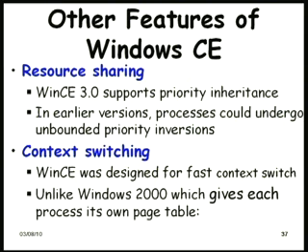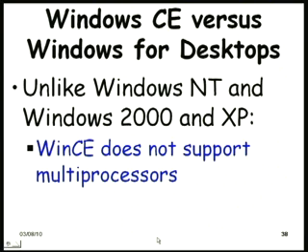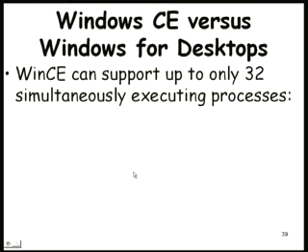Fast context switch, and each process has its own page table. In Windows 2000, each process has its own page table, but here they share a single page table. And of course, it does not support multiprocessors, but again we can't just say that it does not support multiprocessors, because we are just talking of some versions of WinCE, maybe the later versions support multiprocessors, the multi-core processors.